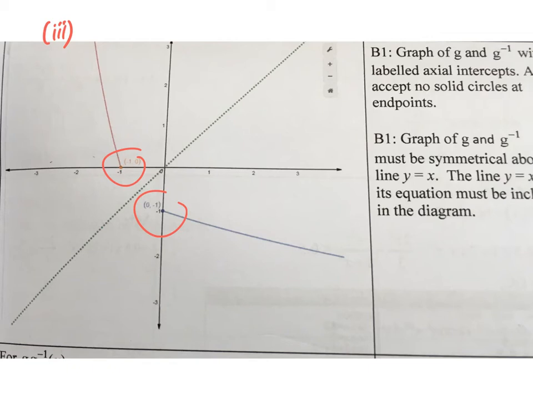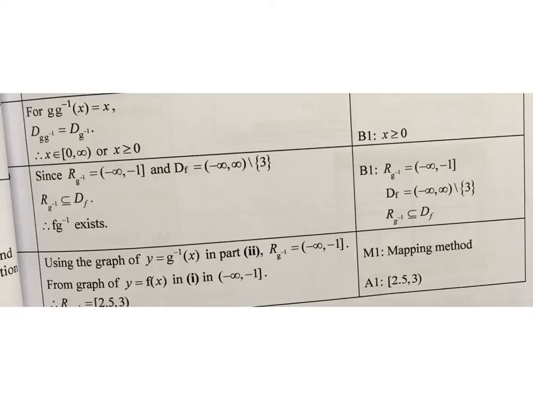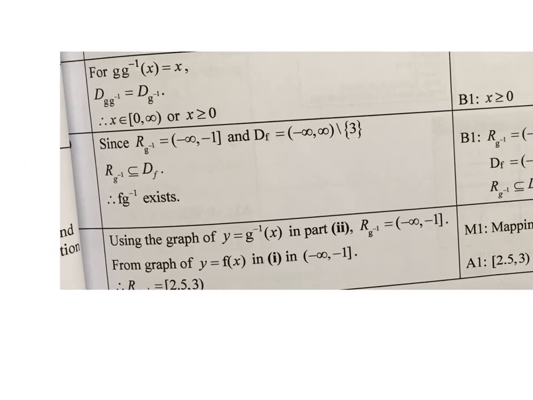So where is the graph of g g inverse? For g g inverse of x, you must remember that g g inverse follows the domain of g inverse, because it's actually a composite function.